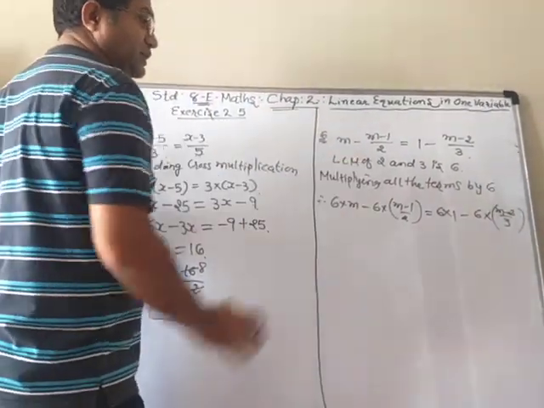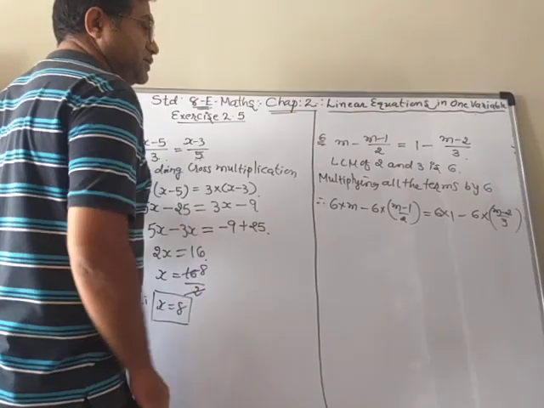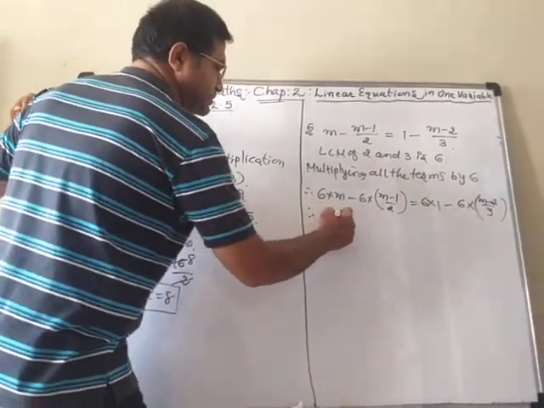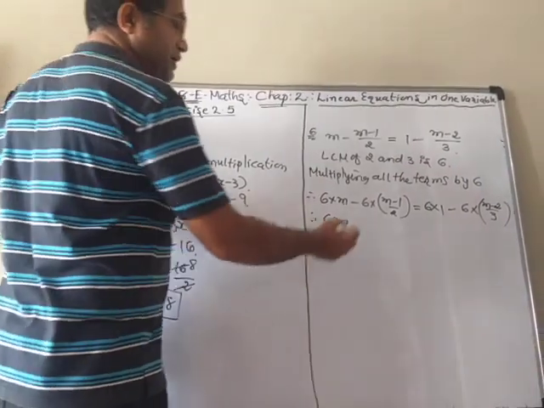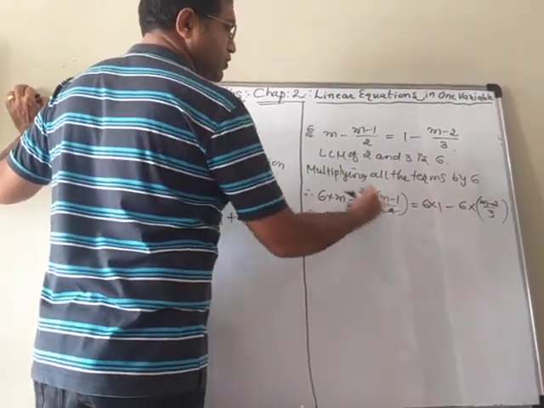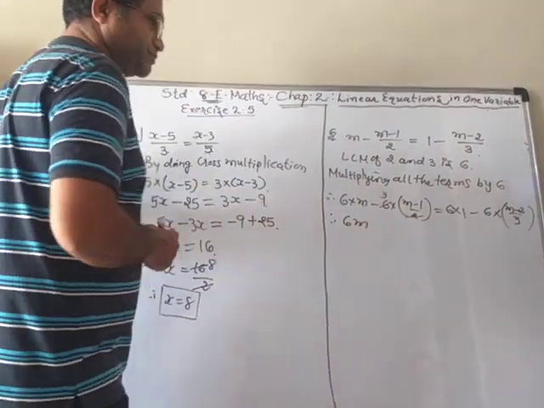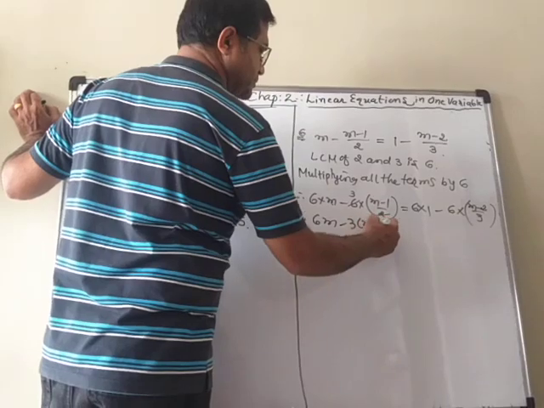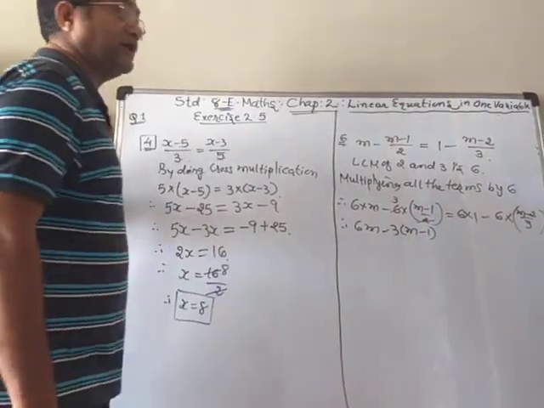Now between the terms only you can do the cancellation. 6 multiplied by m is 6m. Here you can see that 2 3s are 6, because they are alone you can cancel it. So minus 3 into bracket m minus 1.